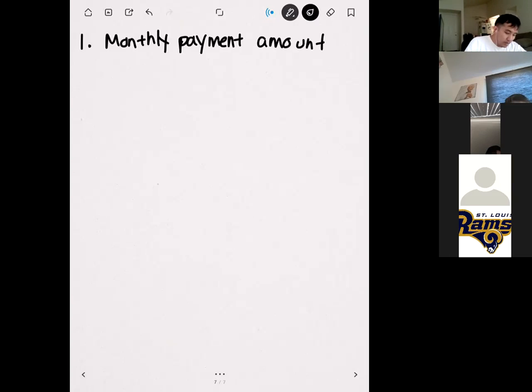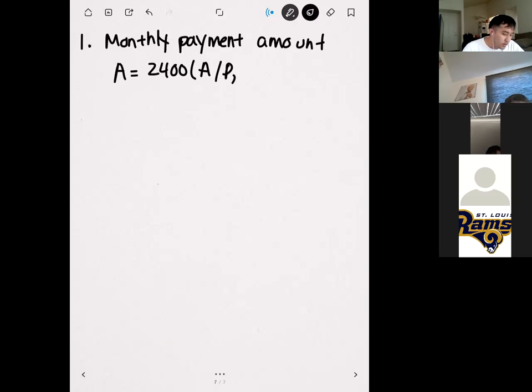Okay, so first, let's compute the monthly payment amount. We're going to compute our A here. Our A is going to be our initial cost, which was $2,400, and then we're going to convert this to a uniform series.